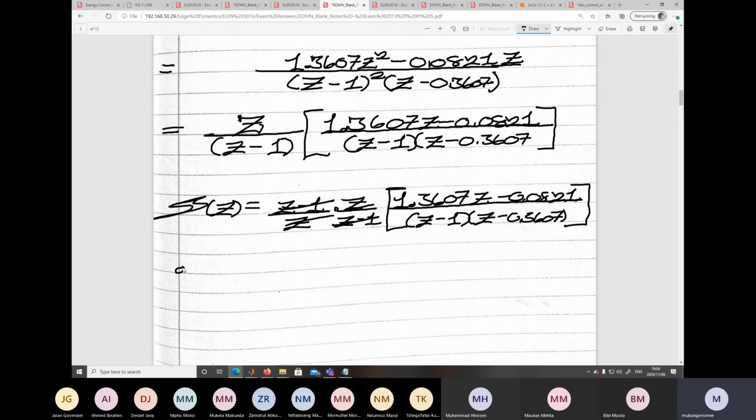Bam. Therefore, insignia Z, the combination of your open loop and your closed loop, must be given by this.